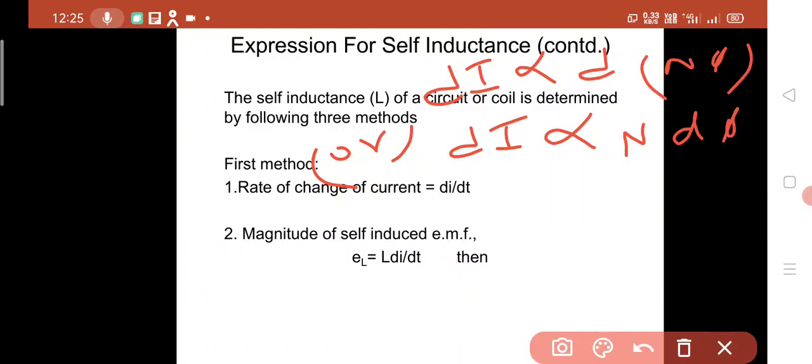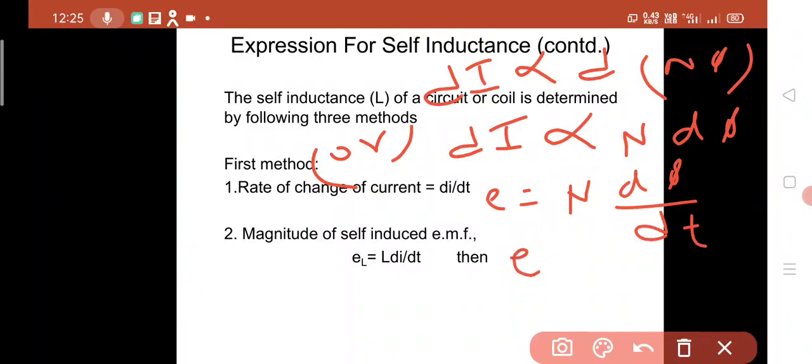According to Faraday's laws of electromagnetic induction, EMF e is equal to N into d phi by dt.